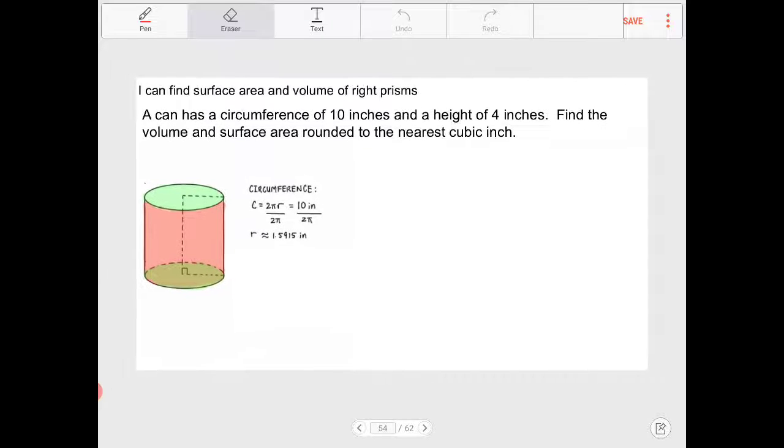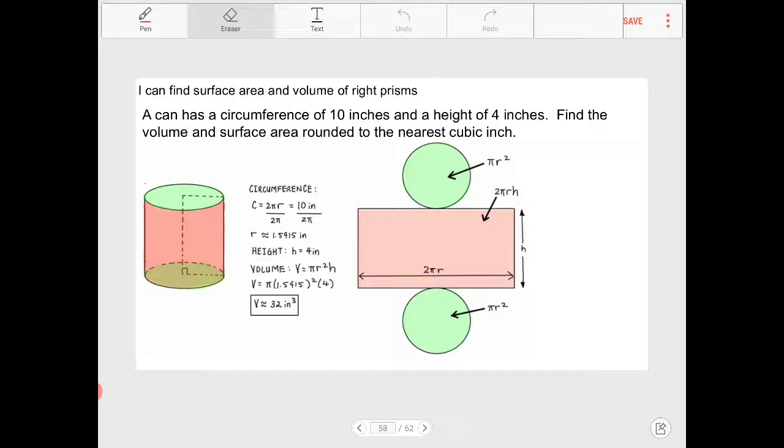It's because the area of the circle, which is my base, is going to be pi r squared. So I'm going to find the volume. It's pi times the radius squared times 4, which is approximately 32 inches cubed. To find the surface area, I need to find the perimeter, which is the circumference, and that's 10. I need to multiply 10 by 4 plus 2 times the area of the circles. So the area of the circle is pi r squared.